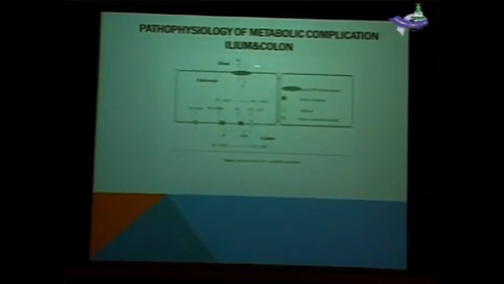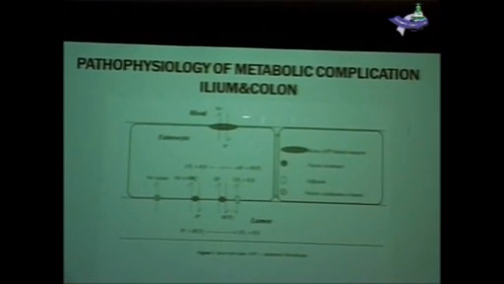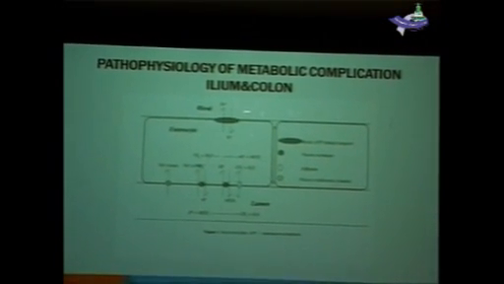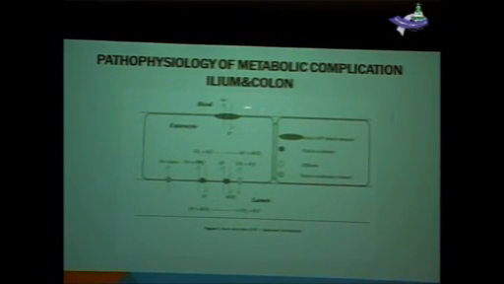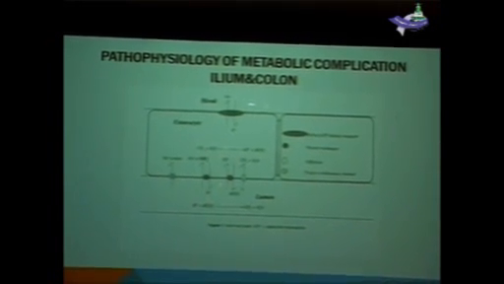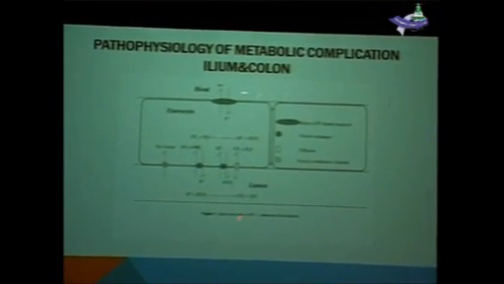We have to understand some of the metabolic changes that can happen from incorporation of a small intestine or large intestine into the urinary tract and exposing it to the urine.